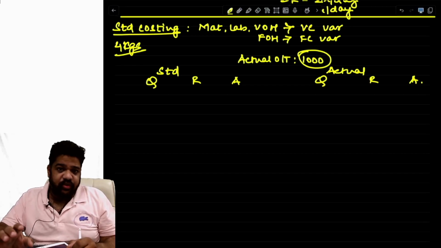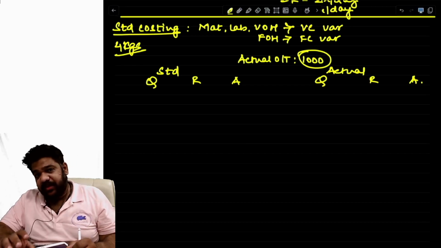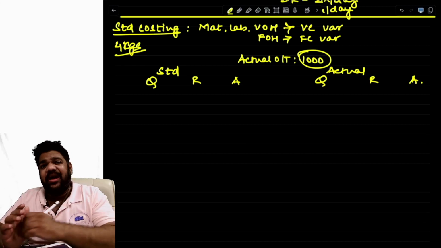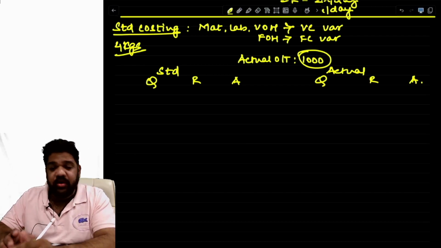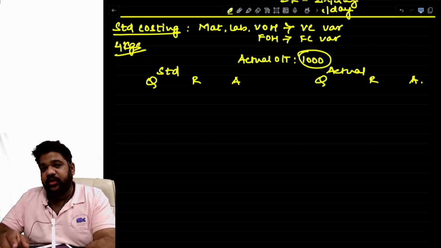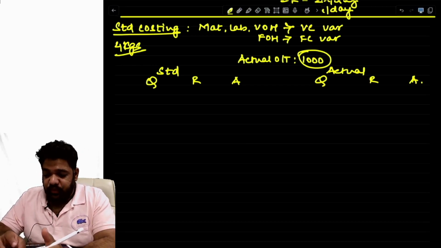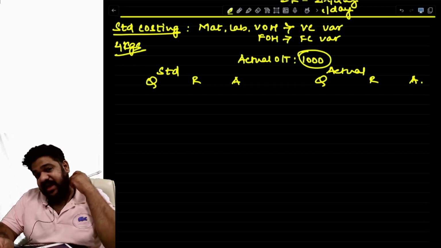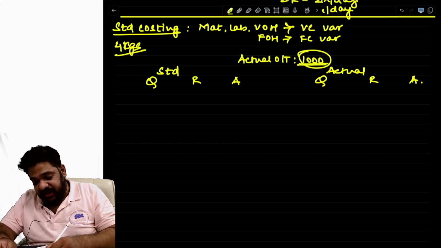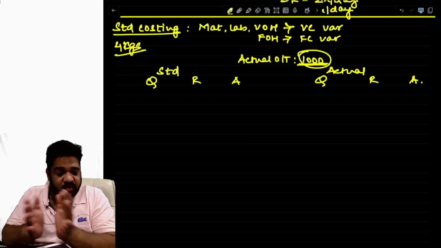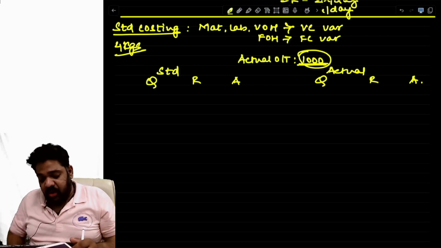The standard has to be based on actual output, and whatever is the actual output, how many kgs should be required for that is going to be the standard. So for that much actual output, what is the standard needed versus what is the actual. Basically, we are keeping the actual output as a base to compare the standard and the actual. Okay, so keep that in mind.